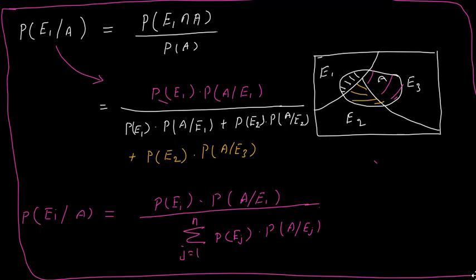Okay, or else you can understand this Bayes theorem from this diagram also. So your requirement was that you have to find the possibility of E1 when it is known that event A has occurred. So that means diagrammatically, I have to find the possibility of this part divided by this whole A part.